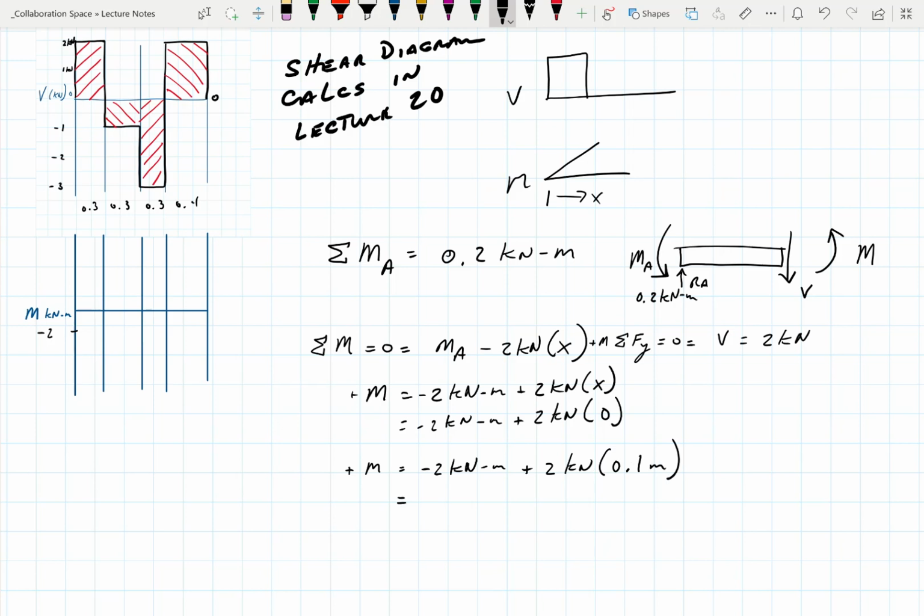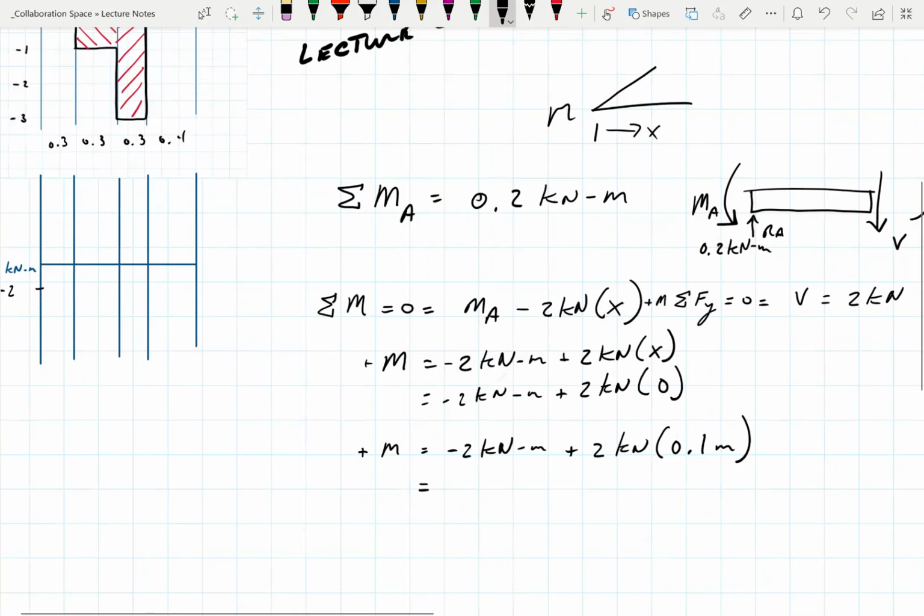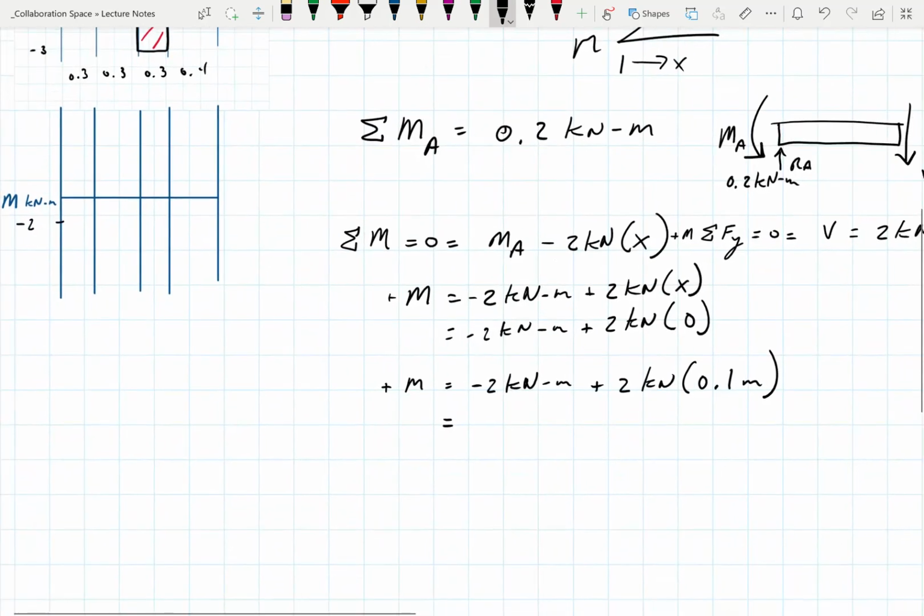What's the answer to that? Would that be a -1.8? Okay.